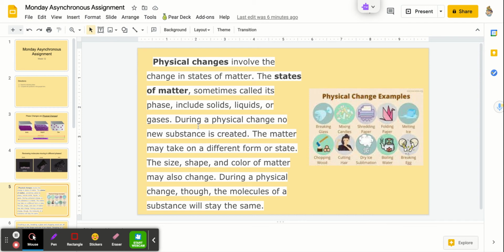During a physical change, no new substance is created. The matter may take on a different form or state. The size, shape, and color of matter may also change. During a physical change, though, the molecules of a substance will stay the same.